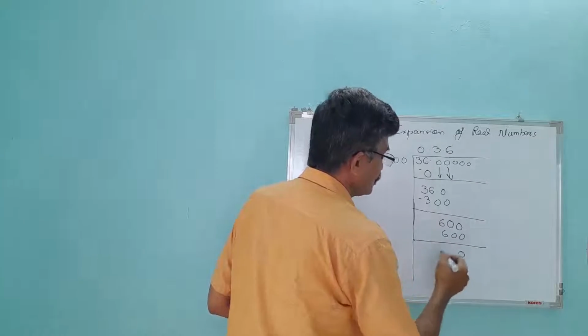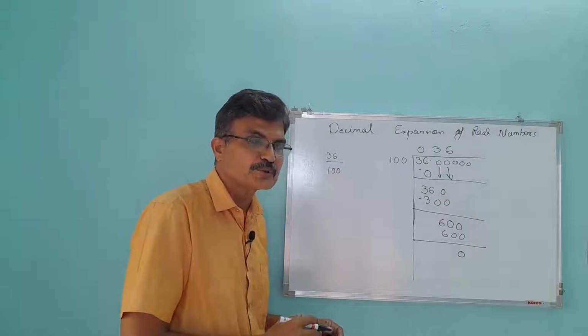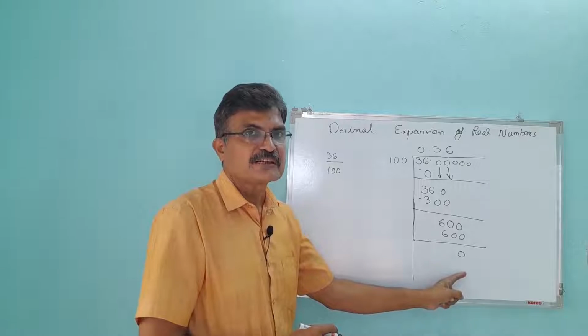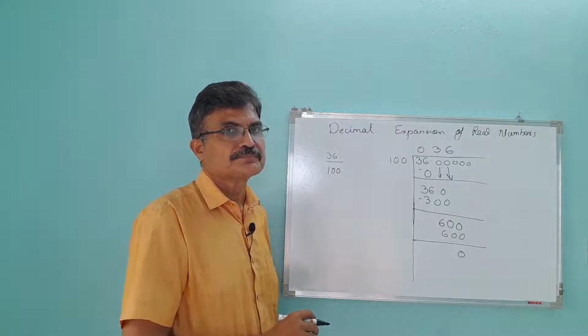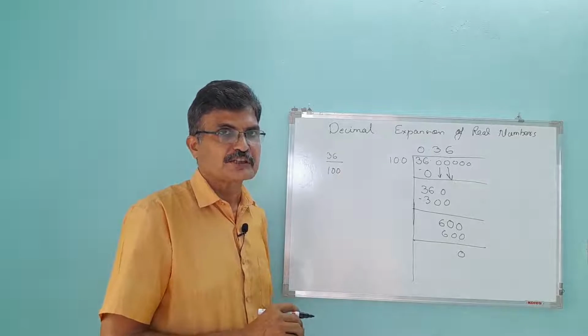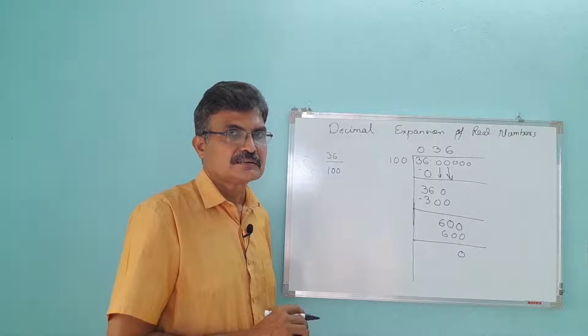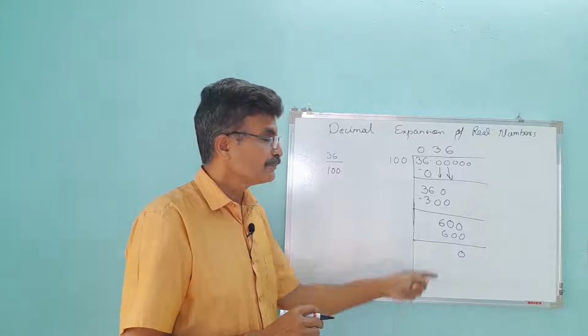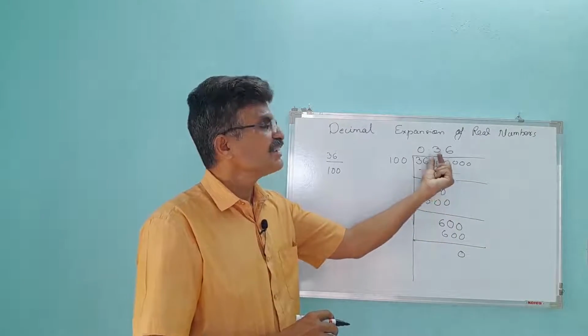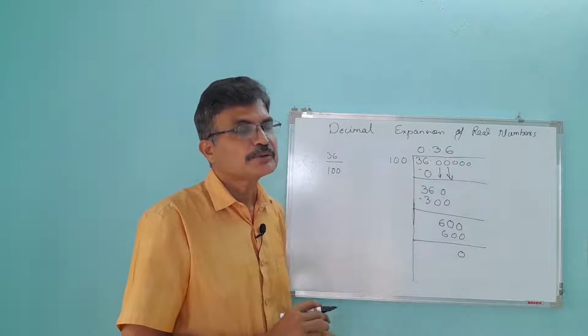Remainder is 0. How long will we continue this long division process? Until the remainder becomes 0. Up to that step we will continue the long division process. When the remainder becomes 0, we stop, then we will get a fixed number of digits in the quotient.